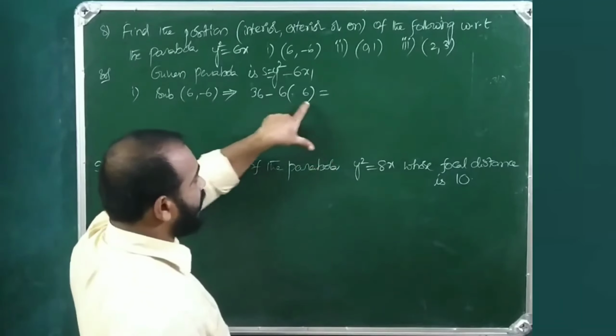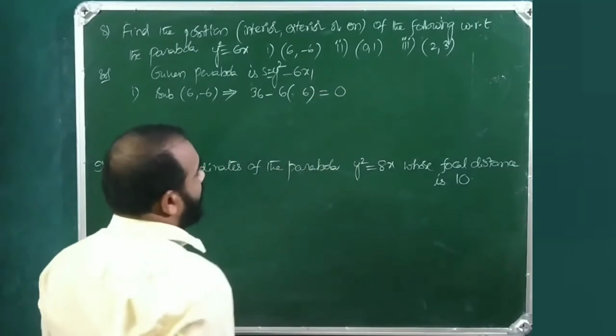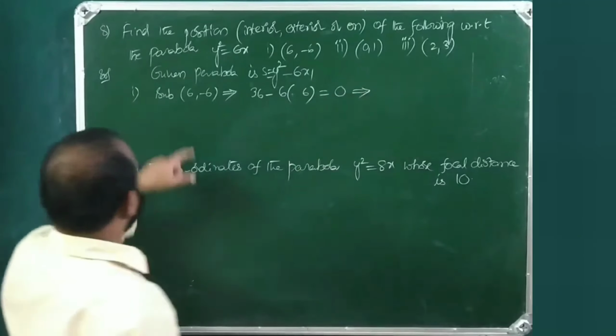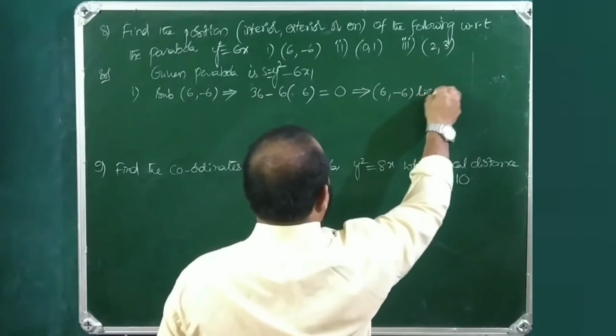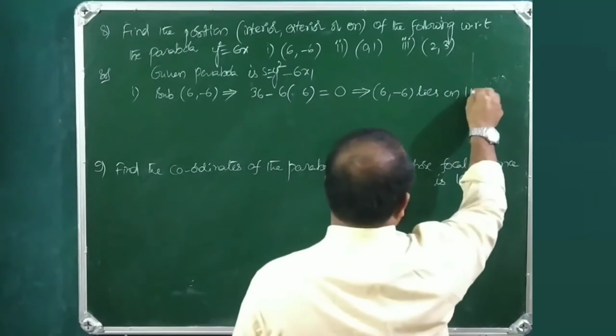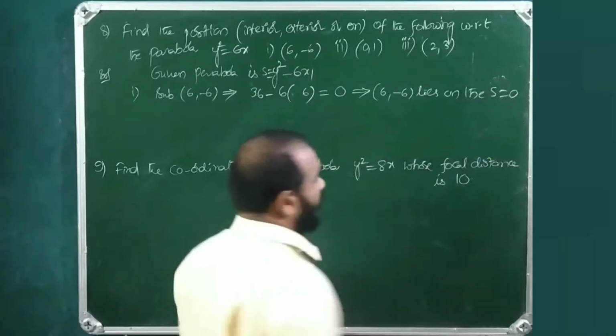This is 36 minus 36, which is 0. Therefore, (6, minus 6) lies on the parabola, as S11 is equal to 0.